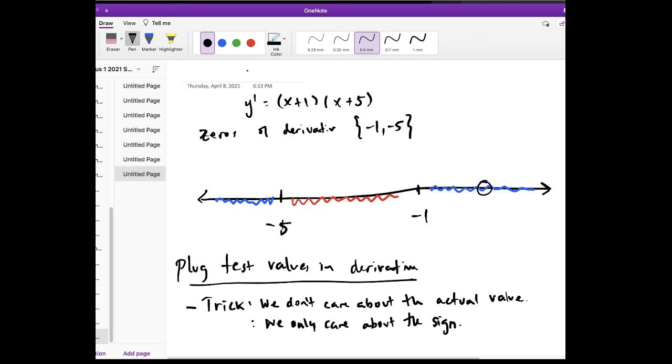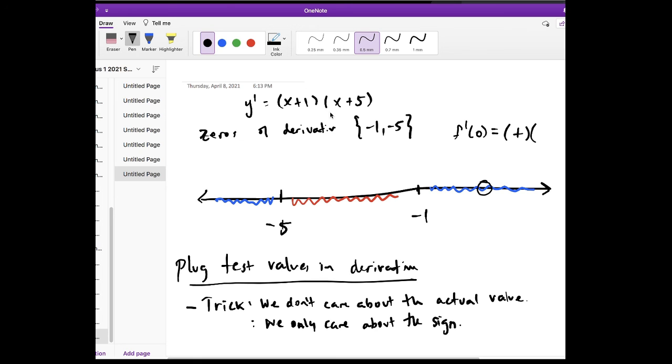So if you factor out a derivative like this, it's very easy to see where it's positive and negative. So if you plug in 0, is the first factor positive or negative? It's positive.